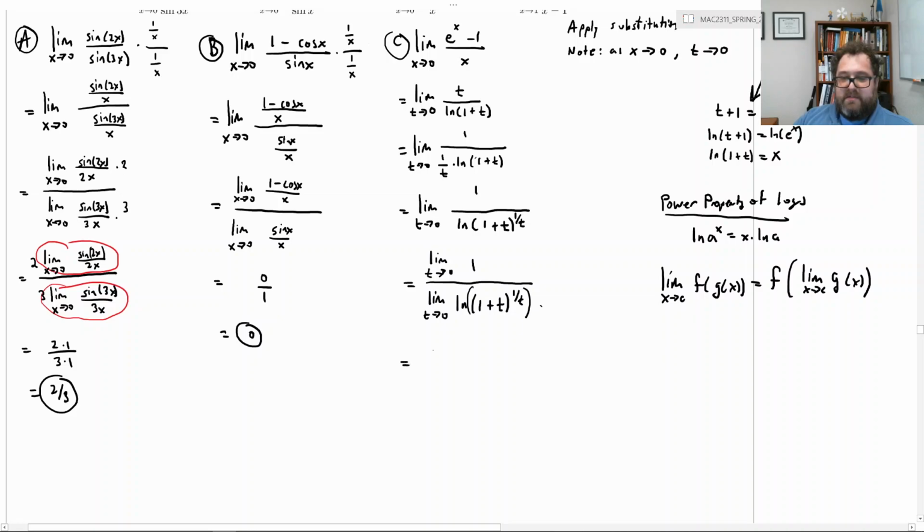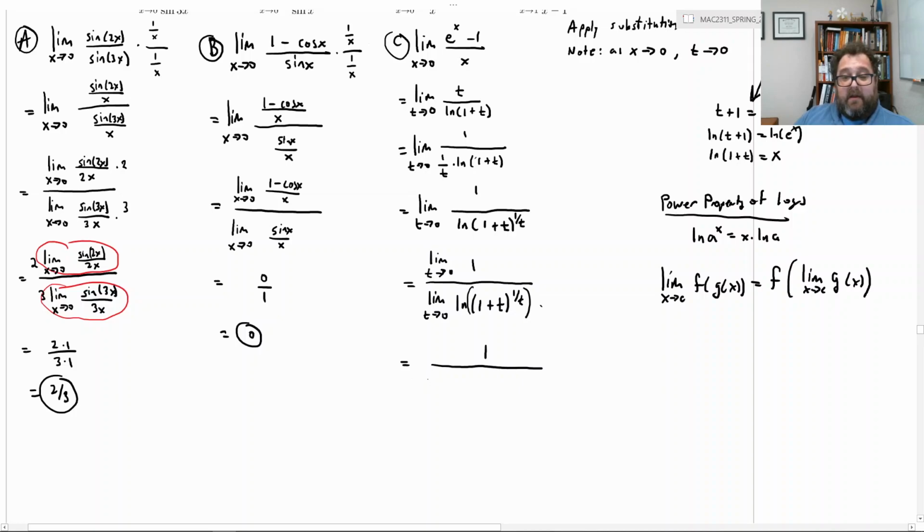Okay, so what we can do now is say equals. Let's go ahead and evaluate the limit up top. What's the limit as t goes to 0 of 1? Well, 1 is a constant function, so regardless of the value of c, the top limit is equal to 1. So we can just go ahead and evaluate that limit. That's nice, gets a little bit of the business out of the way.